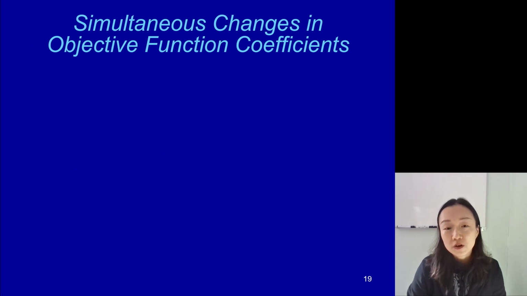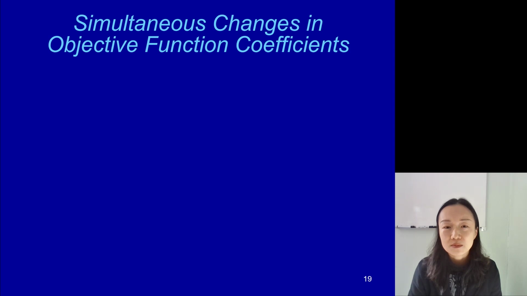Next, we'll talk about the simultaneous changes in the objective function coefficients. What we talked about earlier represents that if you just change one of the coefficients, say if you increase or decrease the unit profit of the equals bus, those allowable increase and decrease tell you how much you can change this coefficient value without changing your optimal solution, assuming that the unit profit for the hydrolysis remains the same.